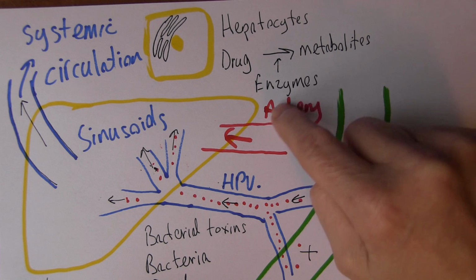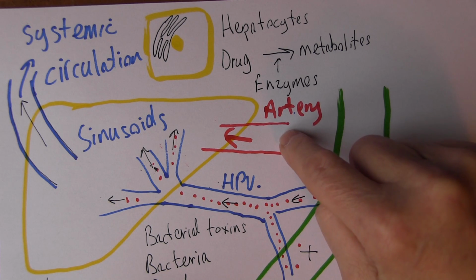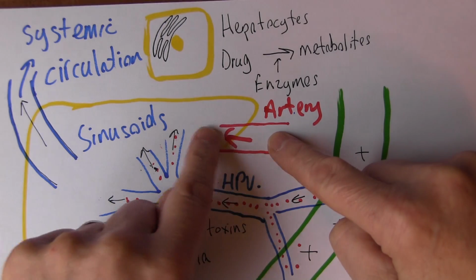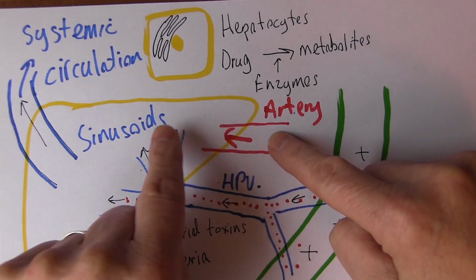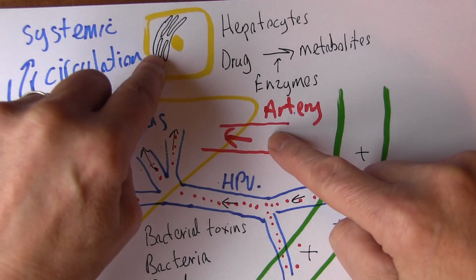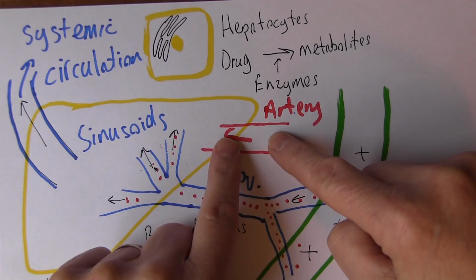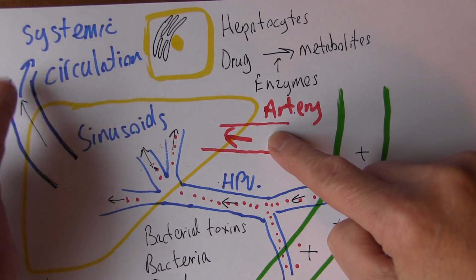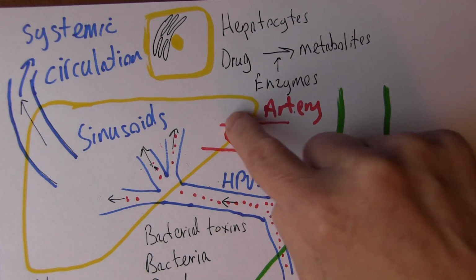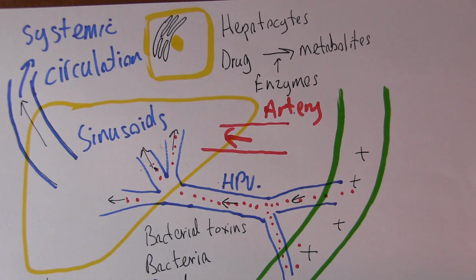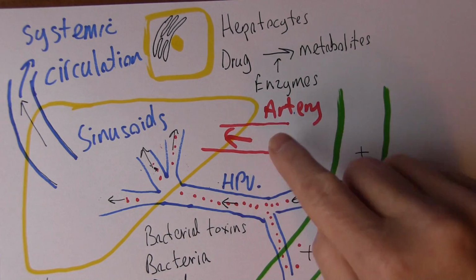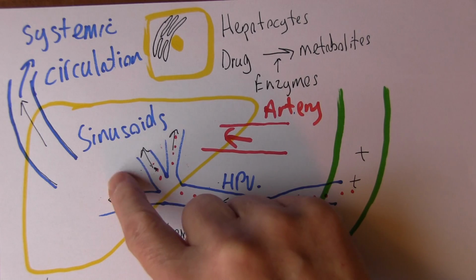That drug will be diluted in the total volume of systemic blood. So when that drug reaches the liver, it's going to be already diluted. And if it's already diluted, the liver's going to find it harder to get hold of it because it's not as concentrated, so less will be subject to first pass metabolism. But it'll still be there, so when a drug's given parenterally, it's still going to be metabolised when that drug goes through the liver. But proportionately less will be metabolised because the drug is already diluted.